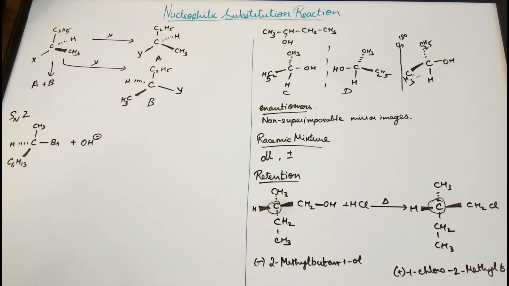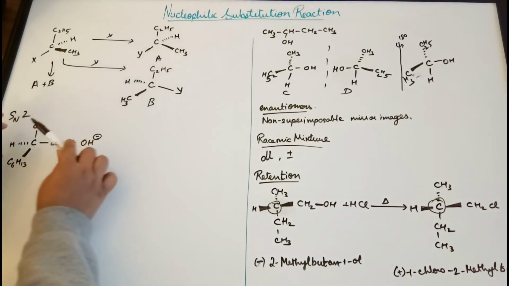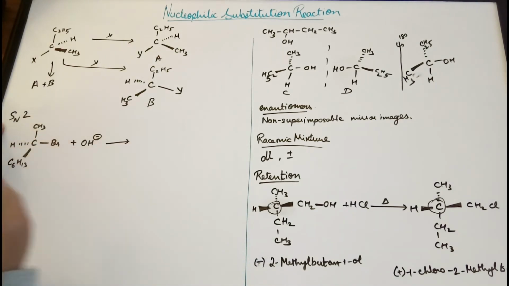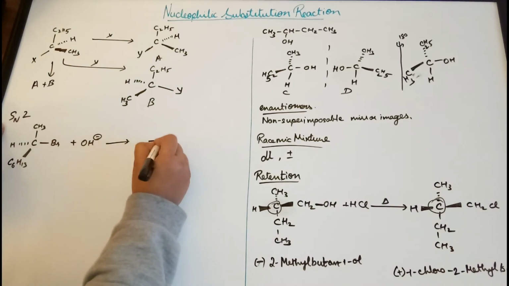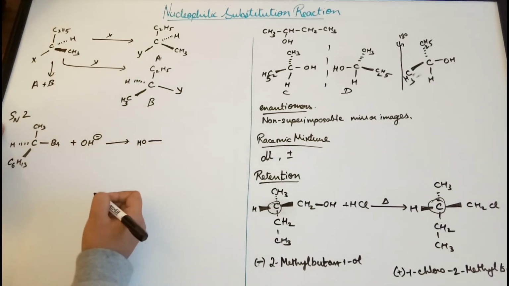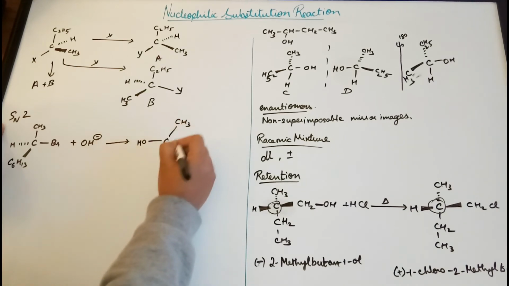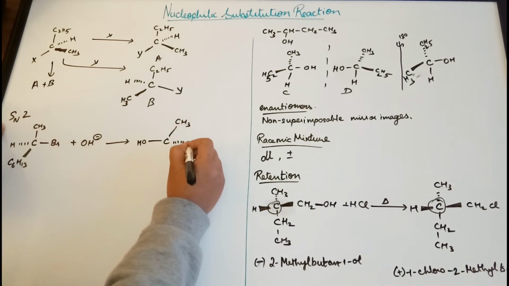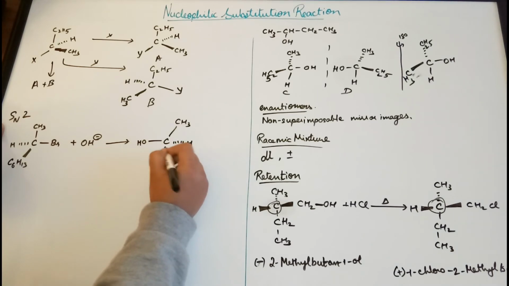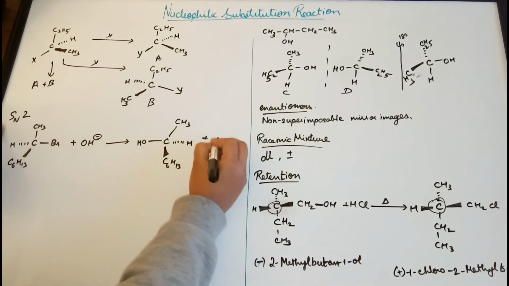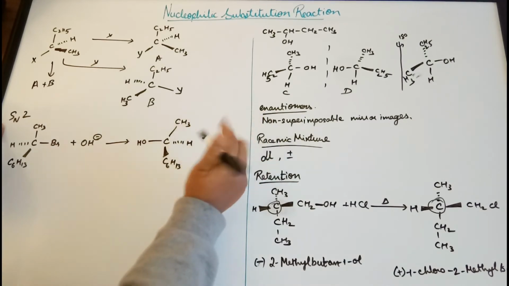So you'll have an OH over here on the carbon, then you have the CH3 and H and C6H13, plus Br minus.